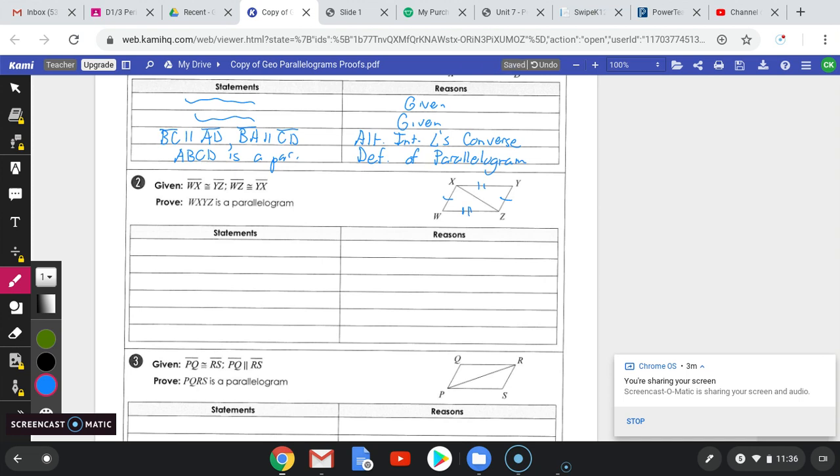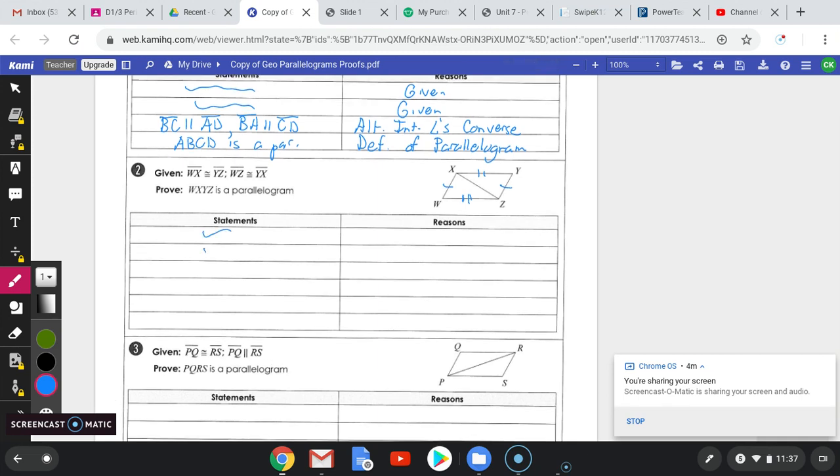Now, however, in this case, we can't say anything about the alternate interior angles yet, right? I can't just go and say, well, angle WXZ is congruent to angle YZX because of alternate interior angles. We don't know that. So, to start off here, we've got the two givens.